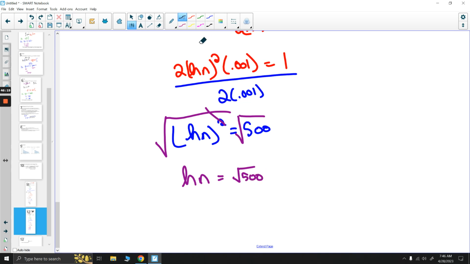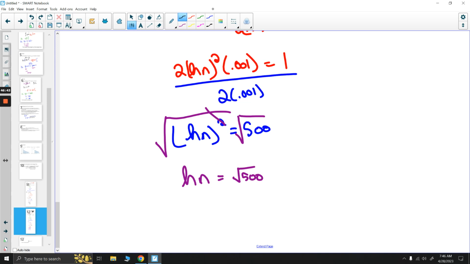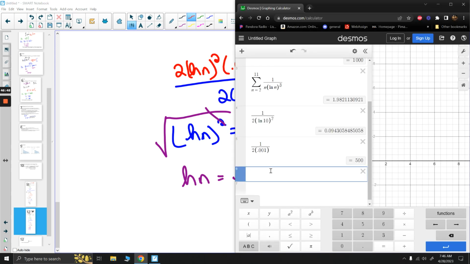Okay, now we don't need the plus or minus, because a negative natural log of n, we don't really want that. We can't take the log of a negative, but logs can be negative.